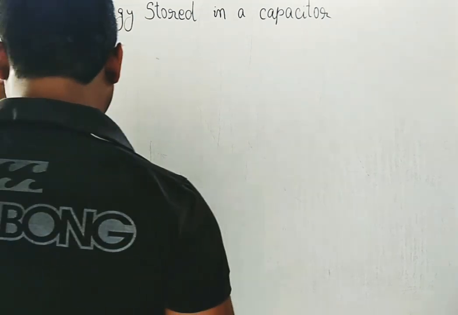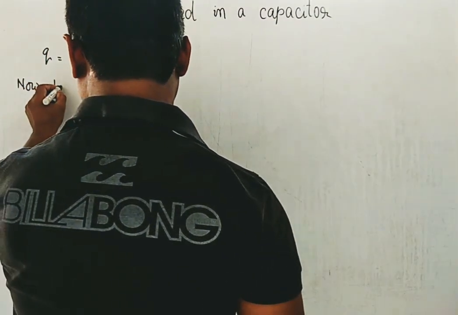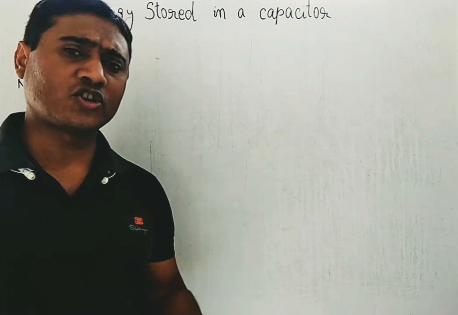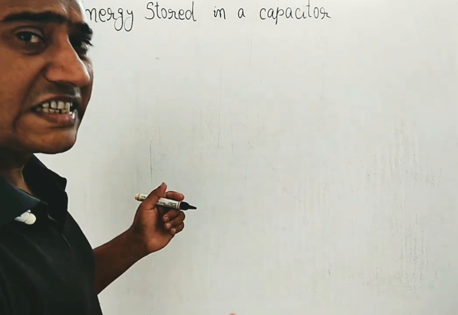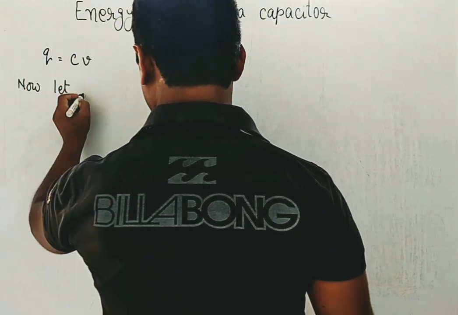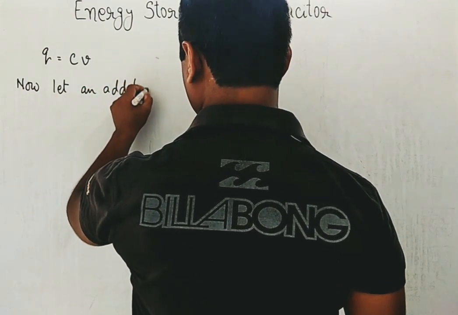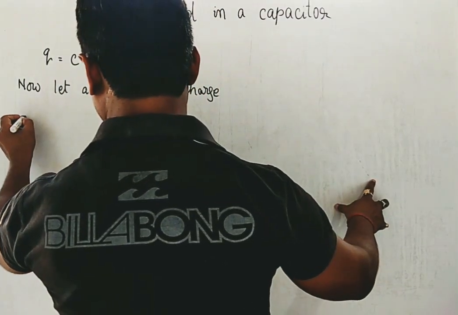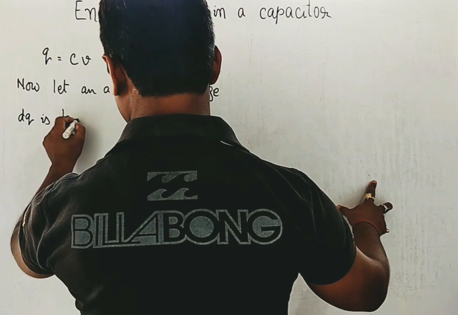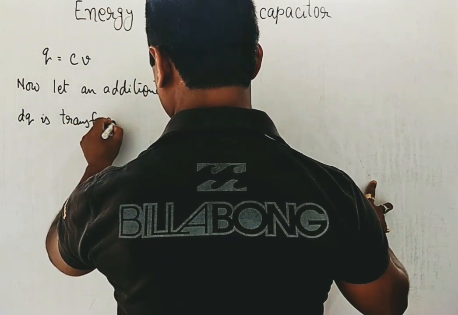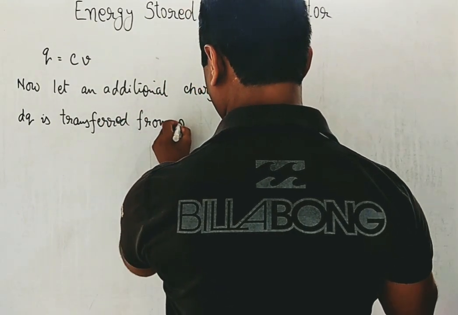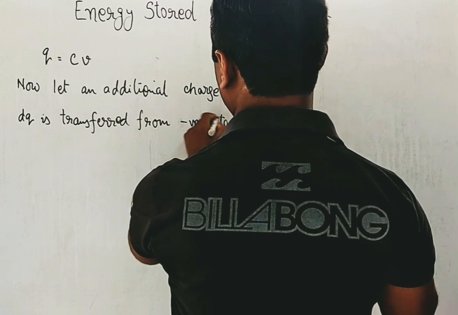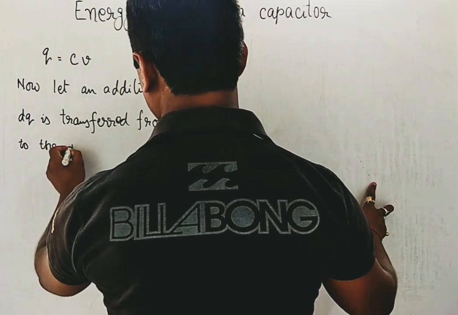Now let a small amount of additional charge dq be supplied to the plate. Then let us calculate what amount of work is done. Let an additional charge dq be transferred from the negative plate to the positive plate.